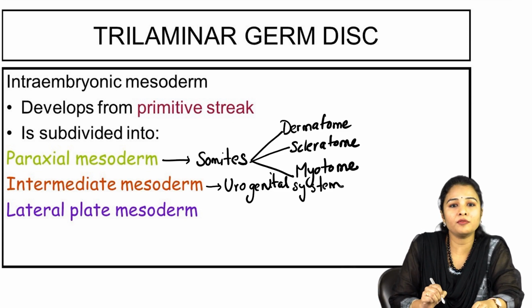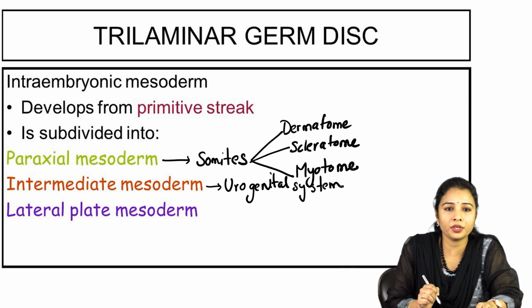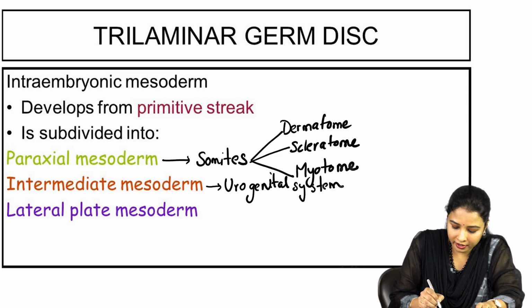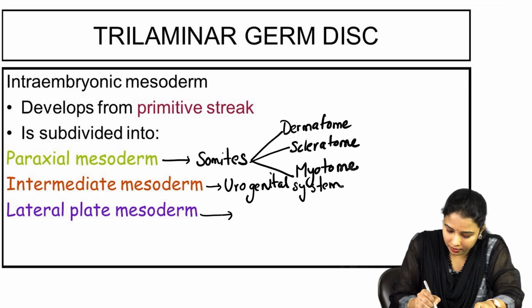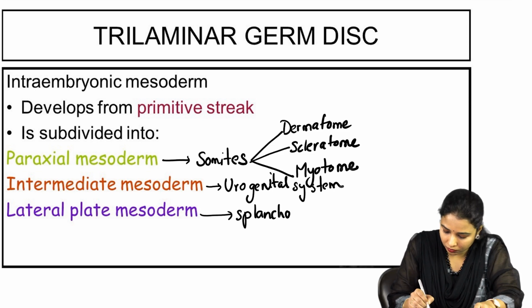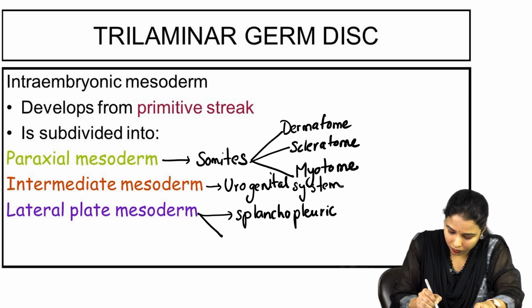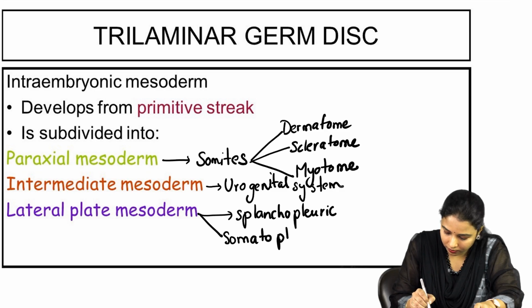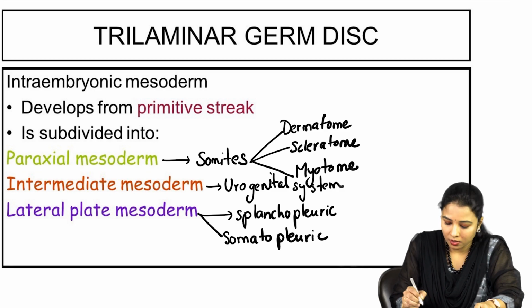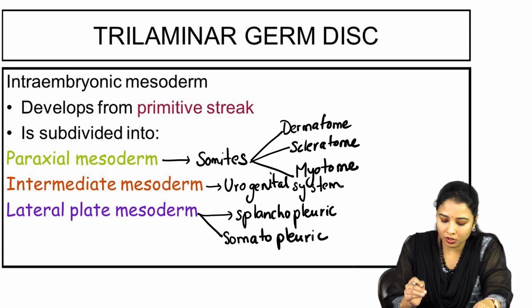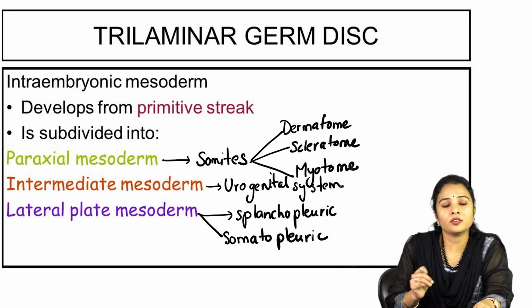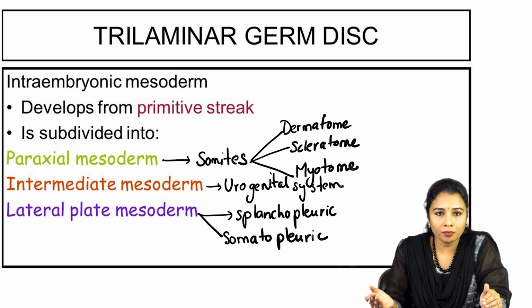Lateral plate mesoderm further divides into splanchnopleuric and somatopleuric lateral plate mesoderm. Splanchnopleuric gives rise to the smooth muscles of the visceral organs. Somatopleuric gives rise to the muscles of the body wall.